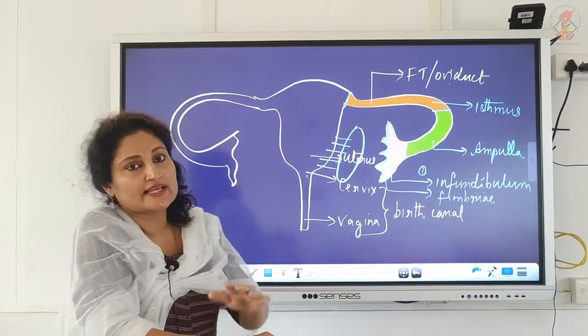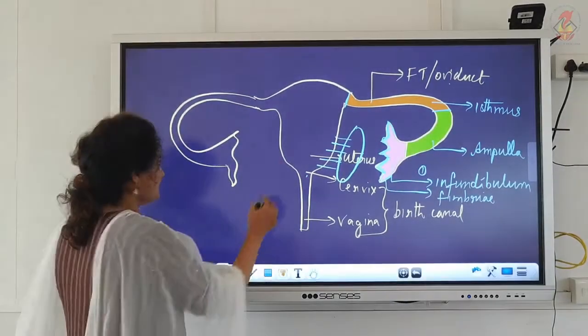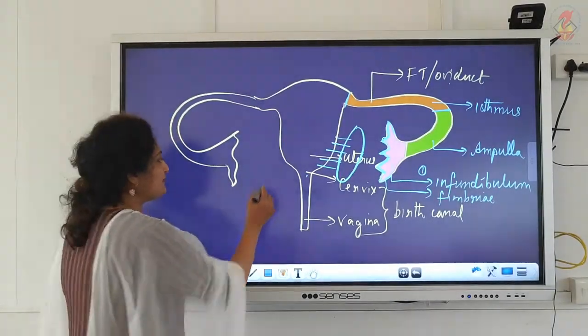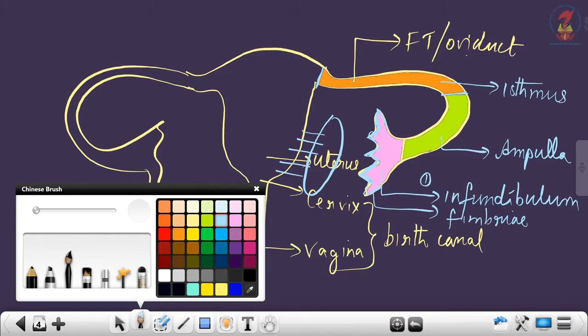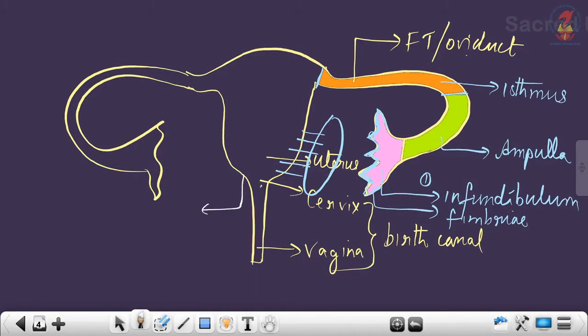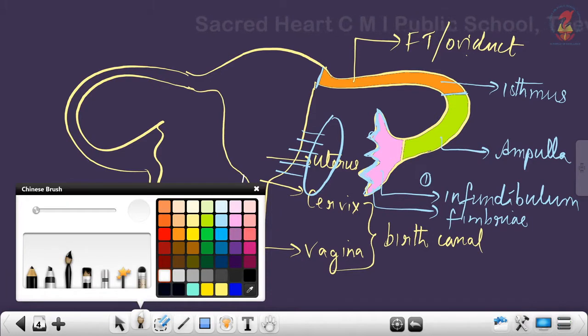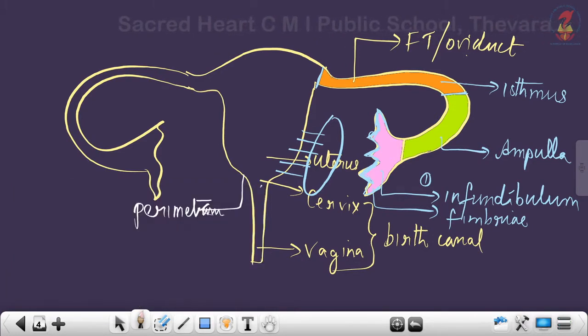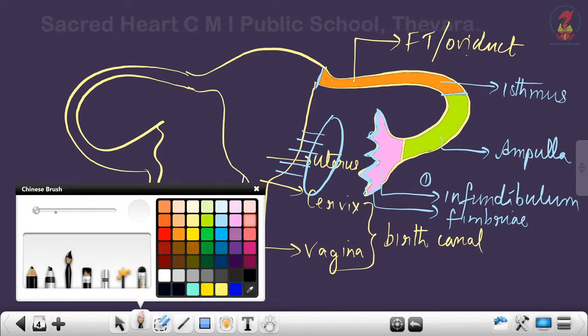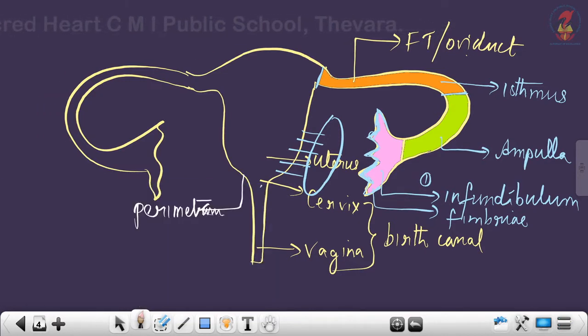Now the uterus is lined by three layers. What is in yellow? Let that be perimetrium. Then inner to the perimetrium is a muscular layer called the myometrium.